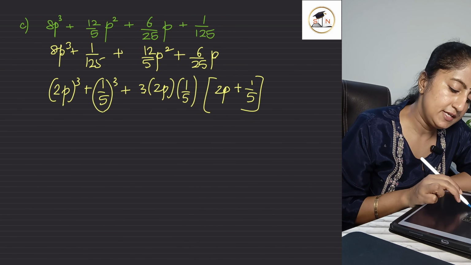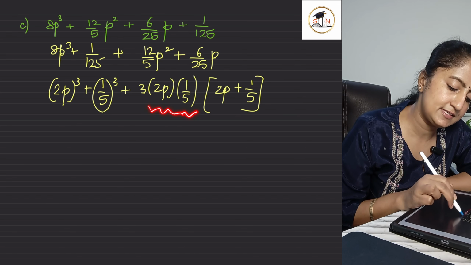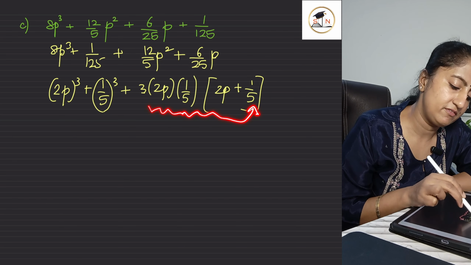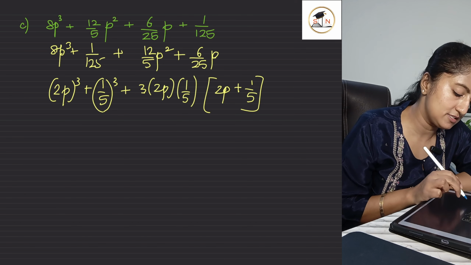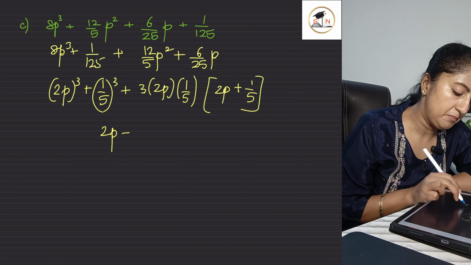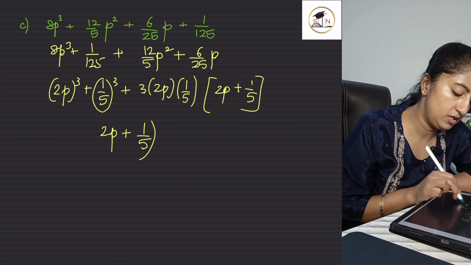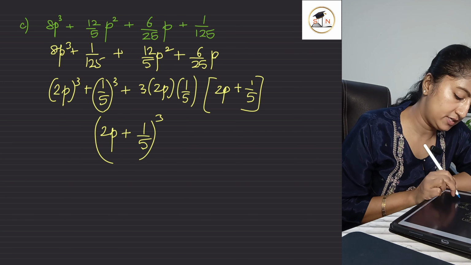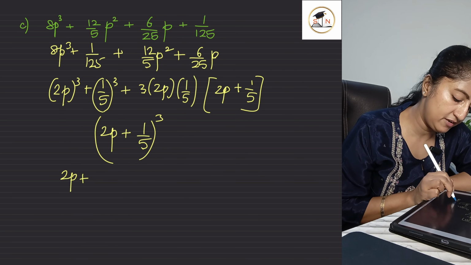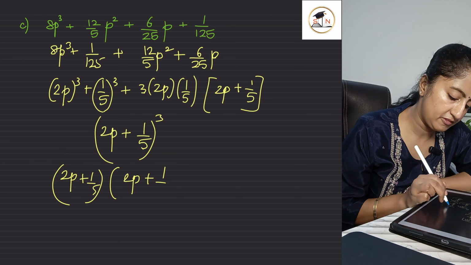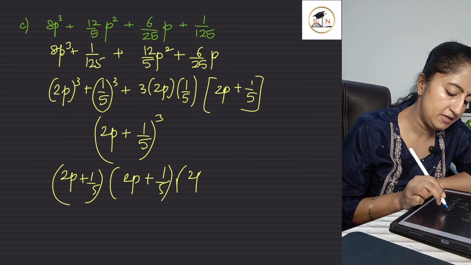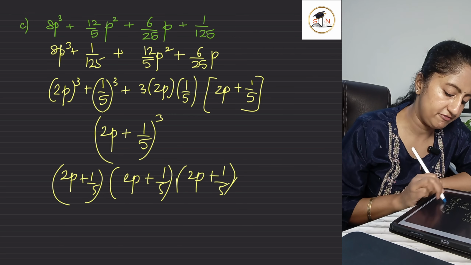After that it was 6p by 5 and 6p by 25. We got that, right? So final answer, (2p plus 1 by 5) whole cube. Factors: 2p plus 1 by 5, 2p plus 1 by 5 and 2p plus 1 by 5. Finished.